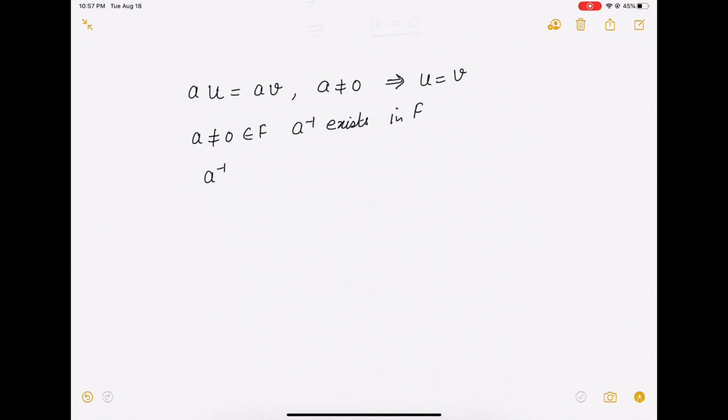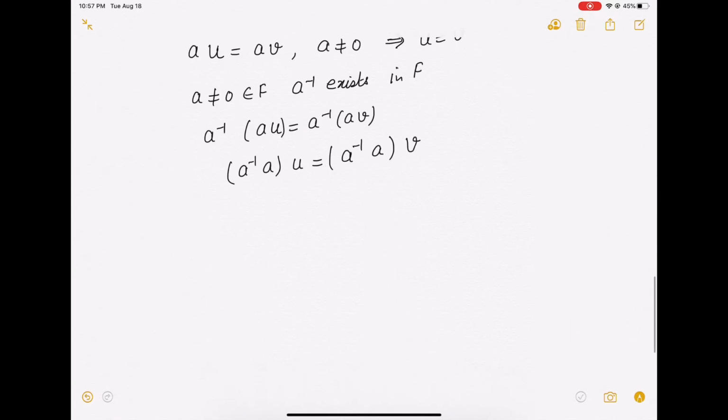So apply A inverse on both sides of this identity AU equal AV, we get this. Now making use of the associative property, we get 1 dot u is equal to 1 dot v, and this gives you u equal to v.